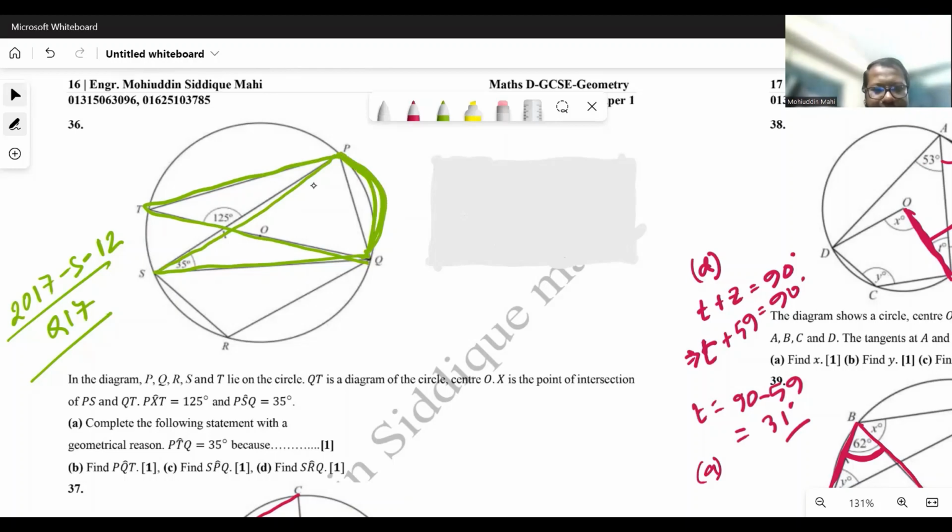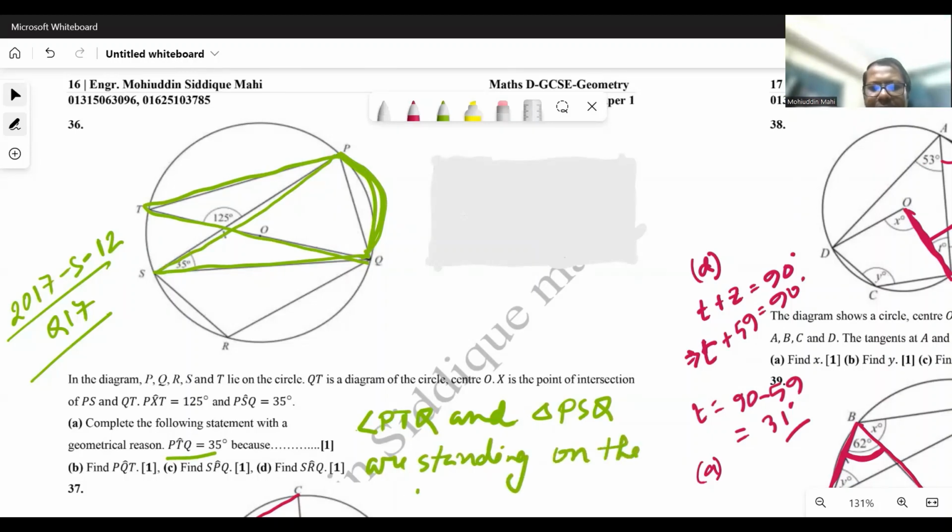So what can you write? PTQ equals 35. Why? Because angle PTQ and angle PSQ are standing on the same arc PQ.